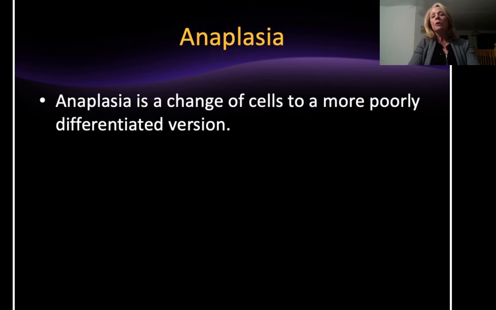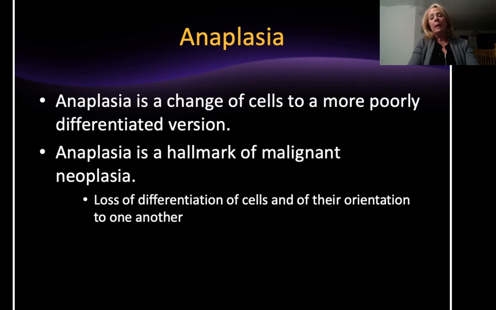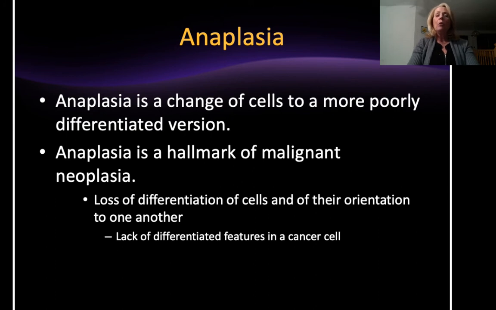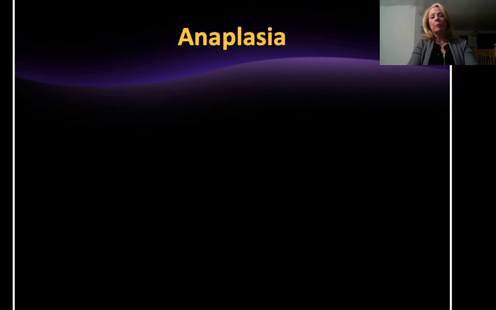So anaplasia is a change of cells to a more poorly differentiated version, and it's the hallmark of a malignant neoplasm. And there's the loss of that differentiation, and they lose orientation to one another, which is why they're able to spread. And the degree of anaplasia correlates with the aggressiveness of the tumor.